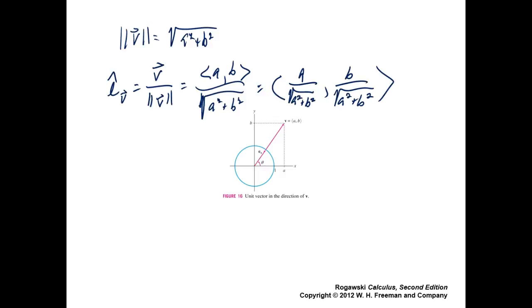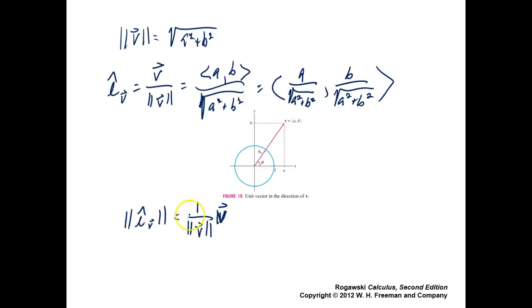That line you see just to the right of this figure basically says that the magnitude of your unit vector in the direction of vector v is equal to 1 over the magnitude of v times vector v.